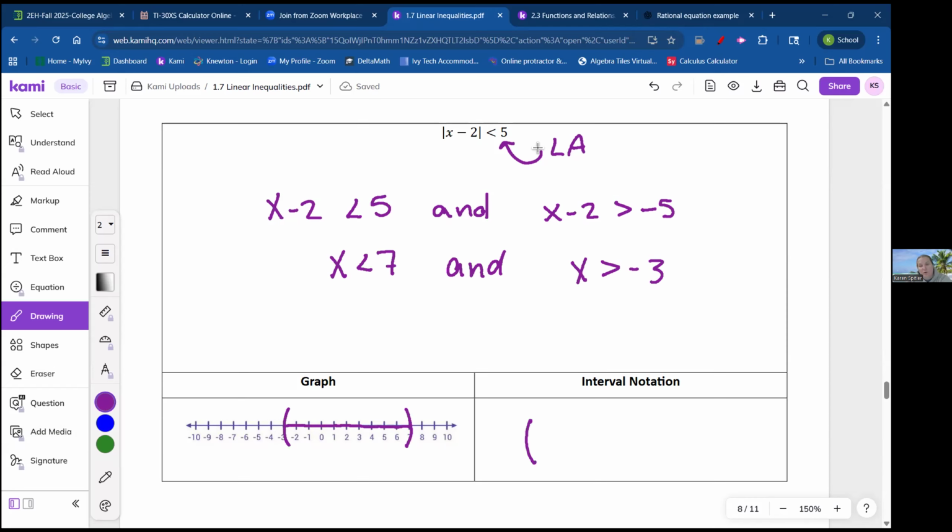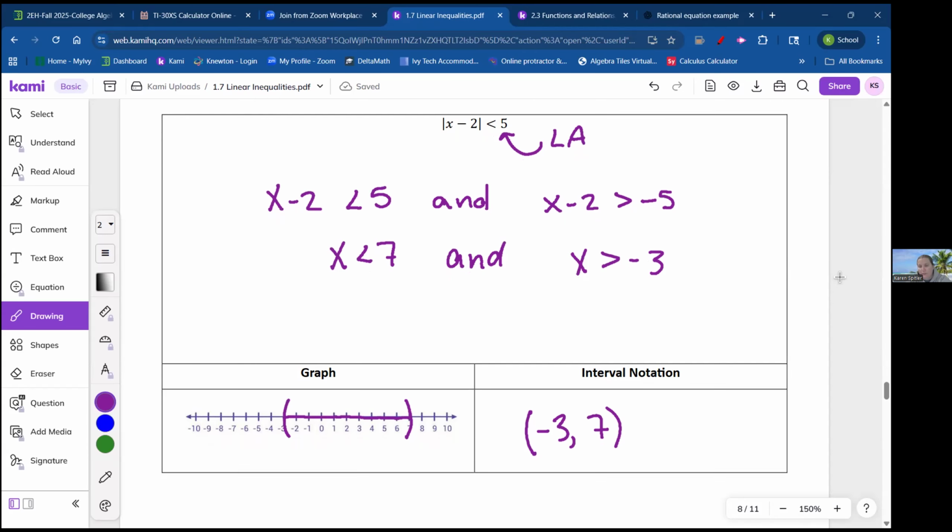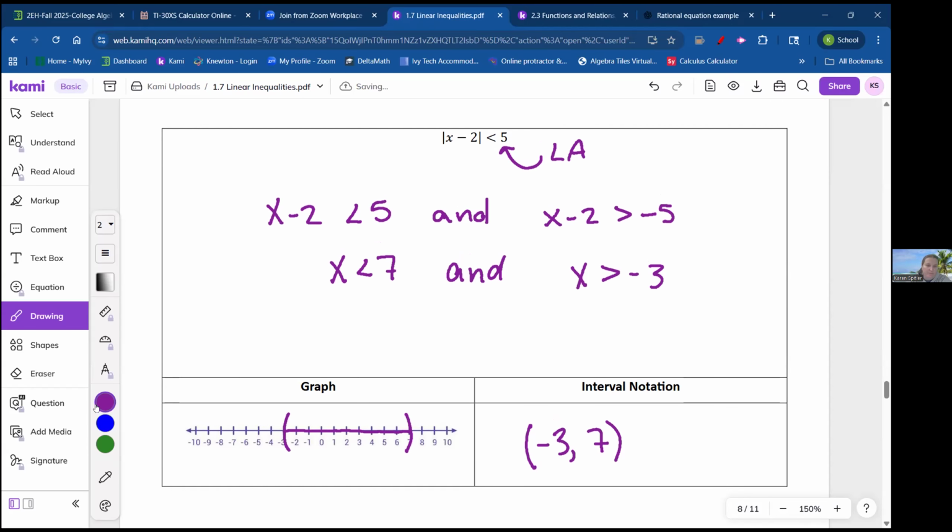And so it is parentheses -3, 7, because you go from smallest value to largest value. Okay, questions on the purple one?